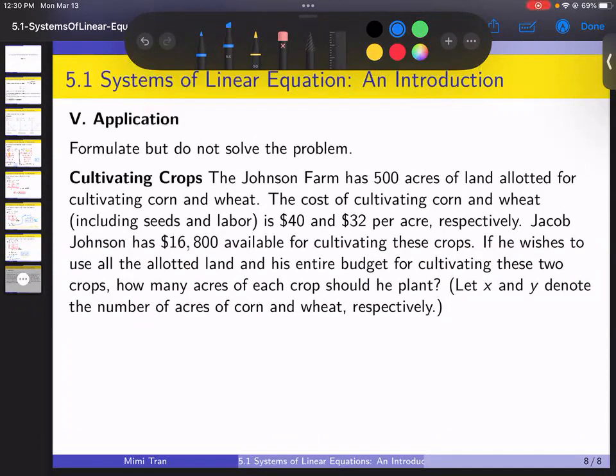Can someone come up with the first equation? Should be easy. Everybody see that? Second one.